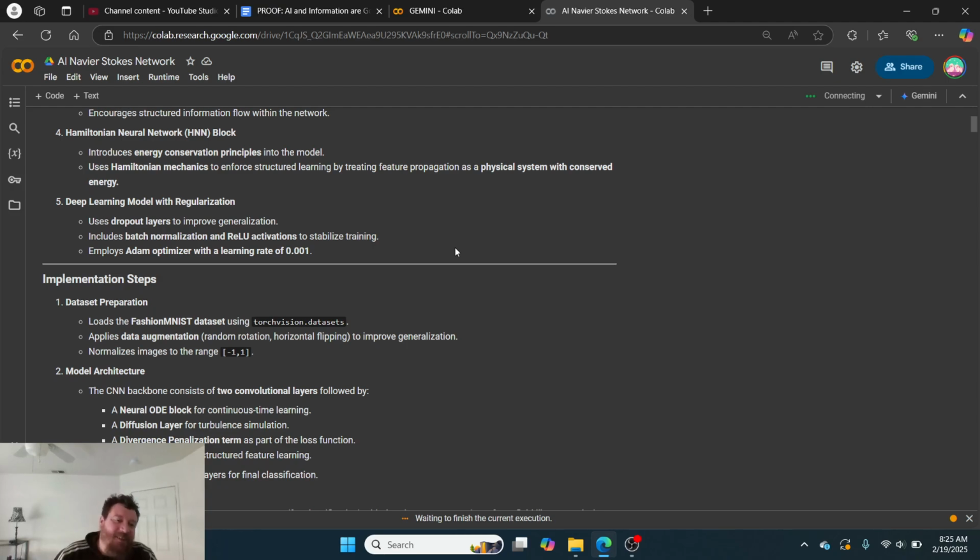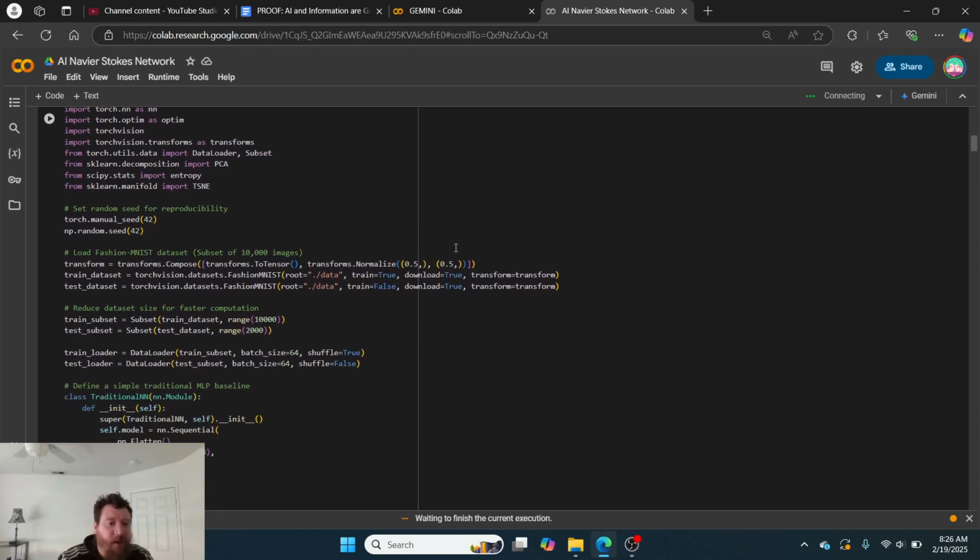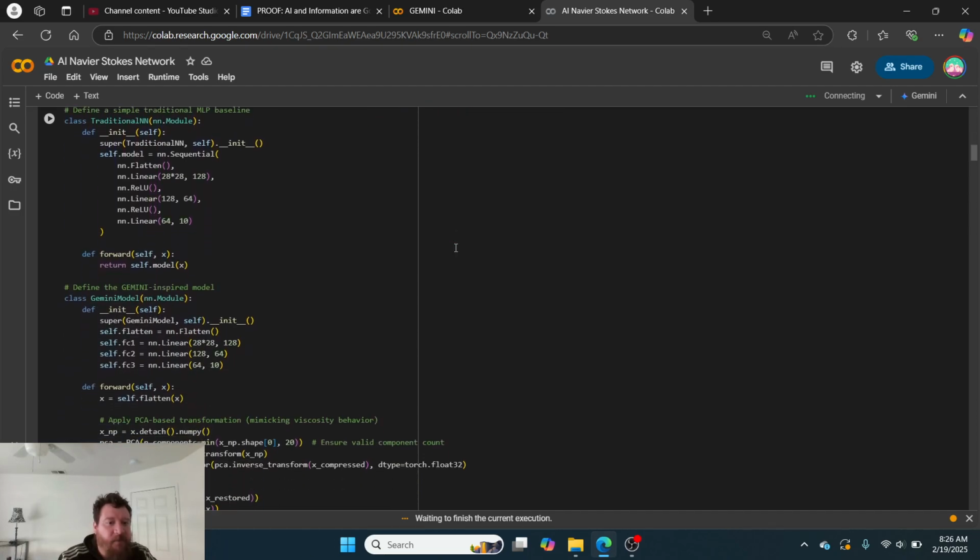So for the implementation, essentially going through this, the first step that I do is proving out whether I can model a neural network off of more fluid dynamic principles, right? So I take the Fashion-MNIST data set, and that's exactly what I do.